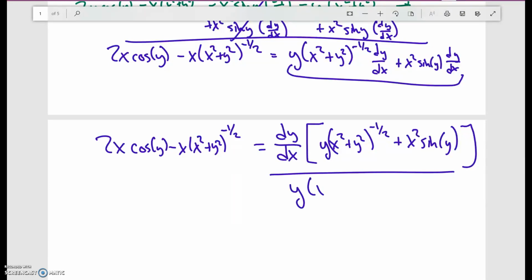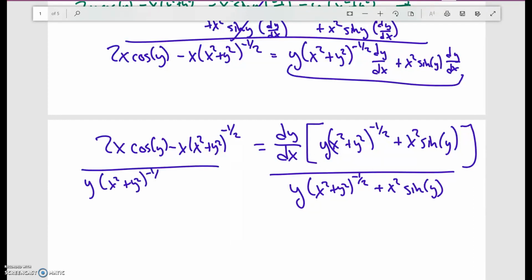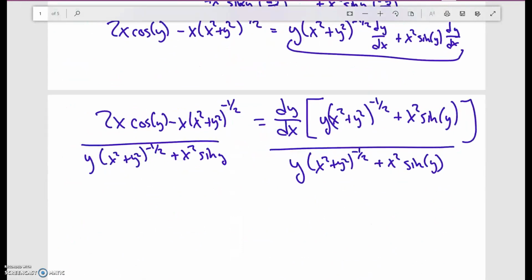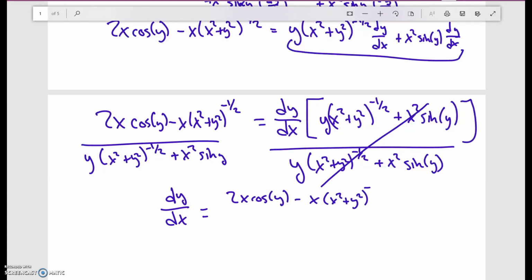So I'm going to divide by y times x squared plus y squared to the power of negative 1/2 plus x squared sine y, on both sides. And then this cancels out. So now I'm finally left with dy over dx. So dy over dx is going to be equal to all of this mess: 2x cosine y minus x squared plus y squared to the power of negative 1/2, divided by y times x squared plus y squared to the power of negative 1/2 plus x squared sine y.